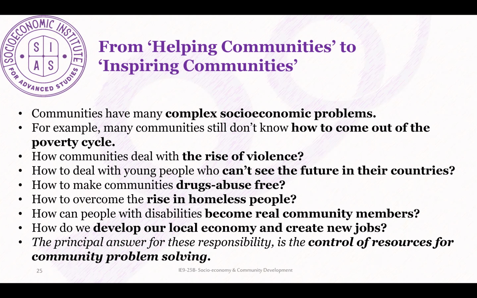We also need to overcome challenges like homeless people in certain areas, and work on people with disabilities, especially those affecting community development. We need to develop our local economy and create new jobs, and thus control resources for community problem solving.